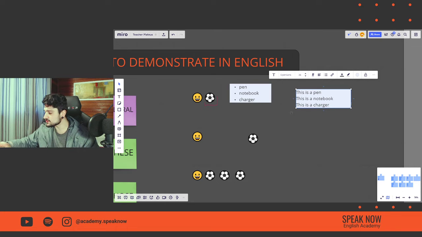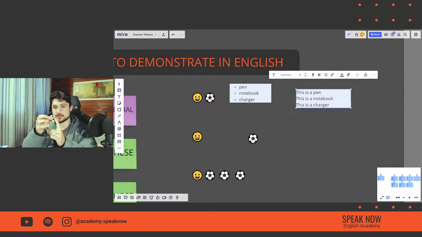I could take this object and I could say, well, this is not a pen, this is not a charger, and this is not a notebook. This is an eraser. Yes, the object that we use to erase the pencil.